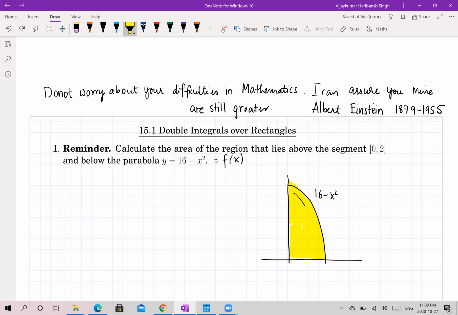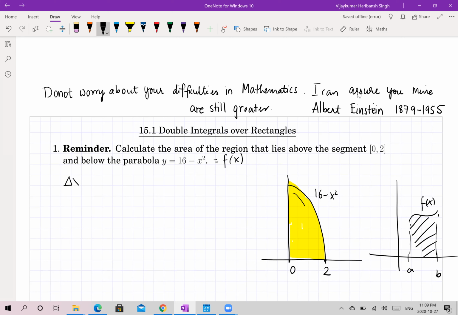So how did we go about it? If you recall, I want to connect that idea with an interval from a to b, where I have f of x, and I want to find the area below this curve. What you did was compute delta x, which was b minus a over n.